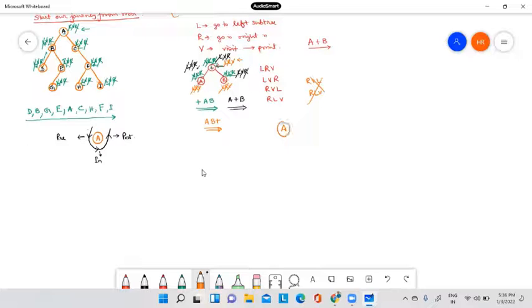This is A, this is B, C, D, E, G, this side F, H, I. Now you have to draw a picture like this.